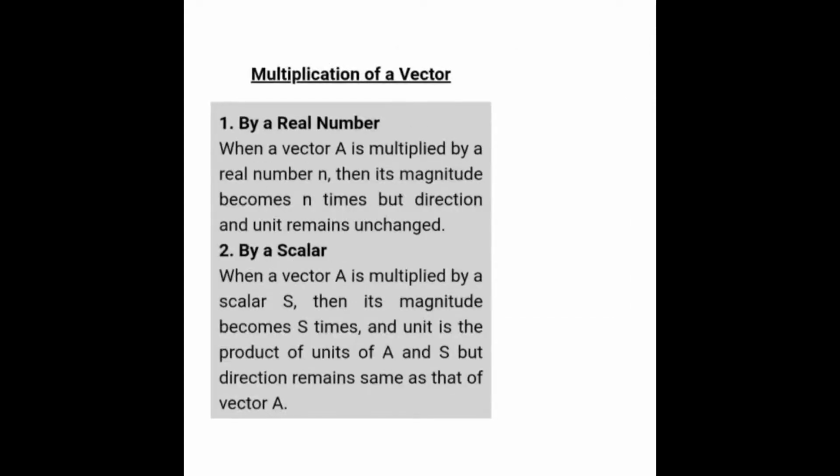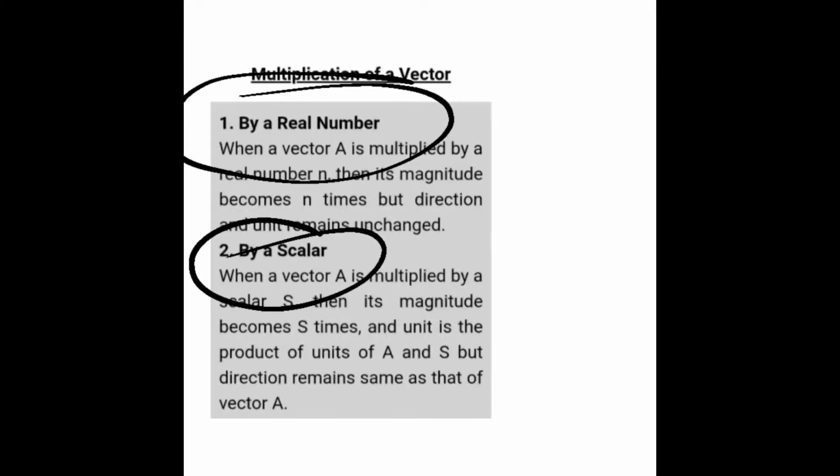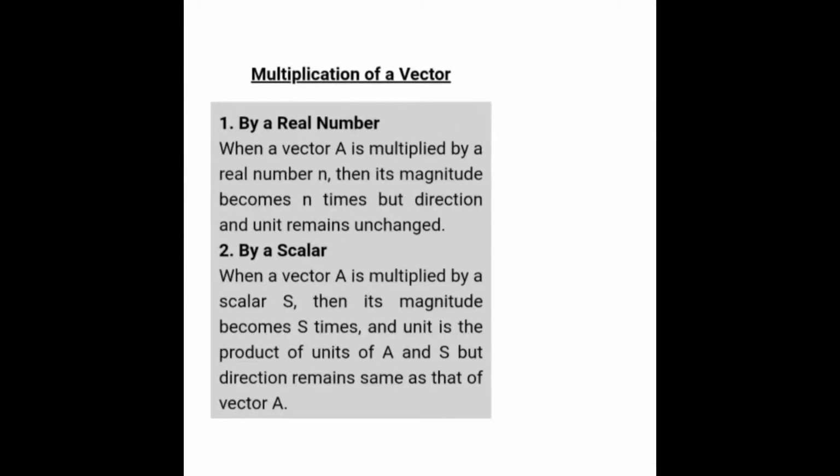Multiplication of vector. A vector can be multiplied by a real number, and a vector can be multiplied by a scalar. One thing you have to remember: whenever any vector quantity is multiplied by any real number n, its magnitude becomes n times, but direction and unit remain unchanged.